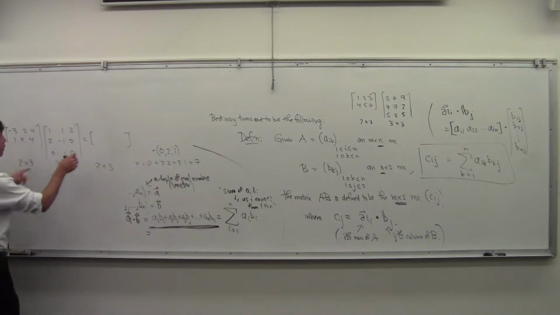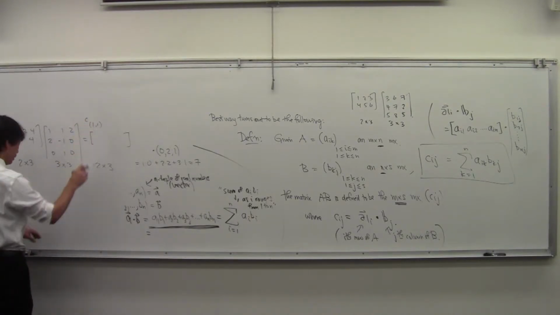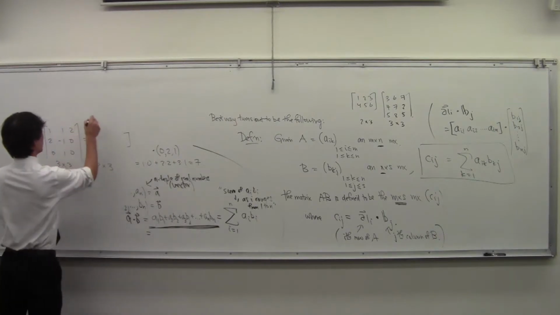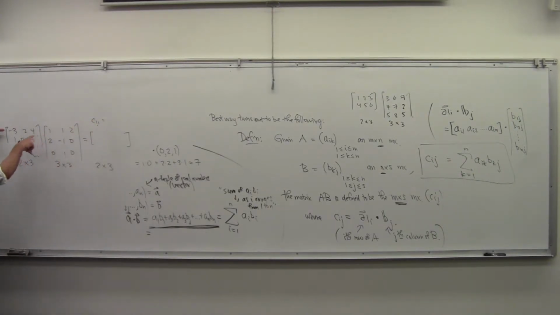And if I want the 1,1 entry, C1,1, I need to take the dot product of the first row against the first column. So I get -3 plus 4 plus 0, so that's 1, right? The dot product of the first row against the first column.